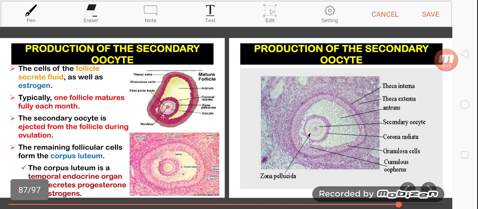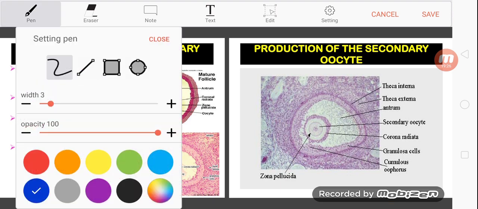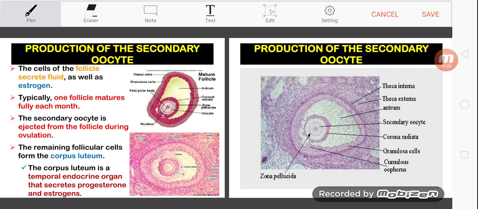More explanation of the oogenesis. This slide over here talks about secretion. The cells of the follicle secrete estrogen before the FSH initiates the follicle development.